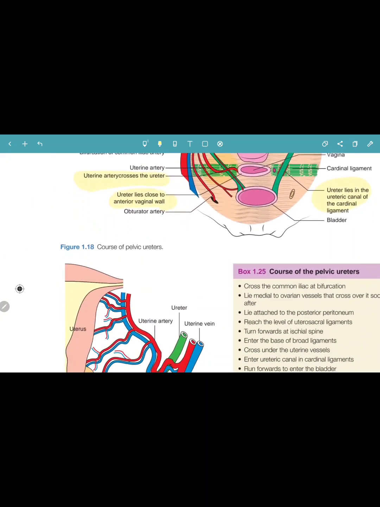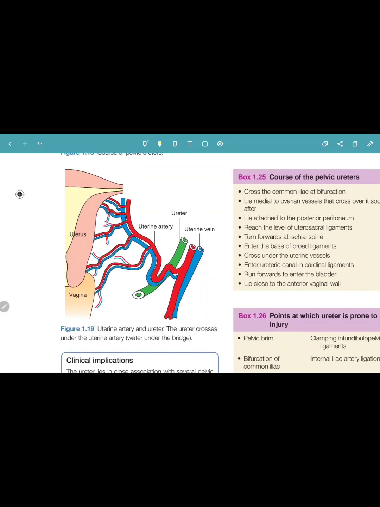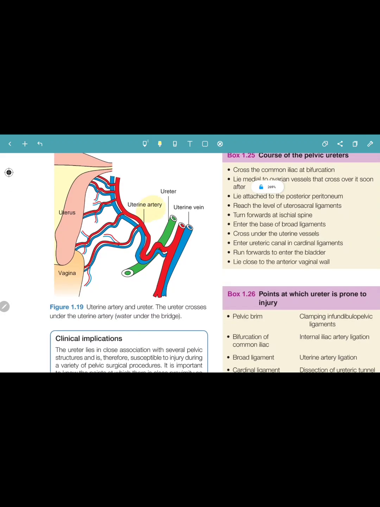This is the course of your pelvic ureters. This is your uterine artery related to your ureter. The ureter crosses under the uterine artery.